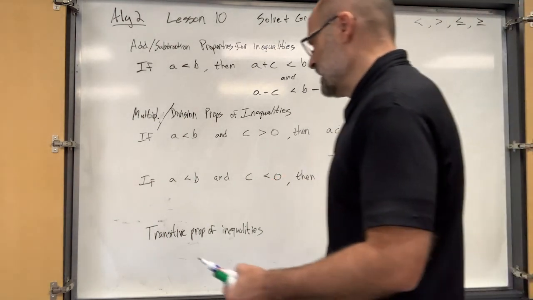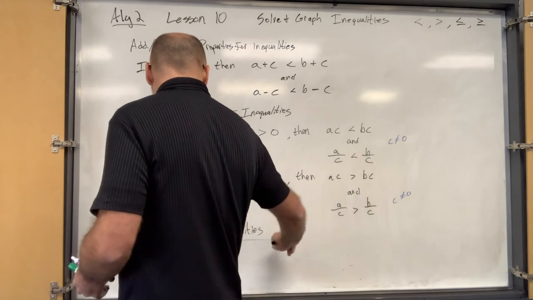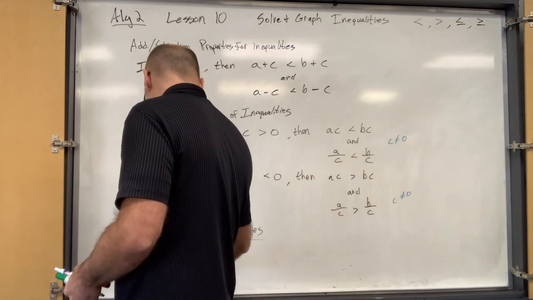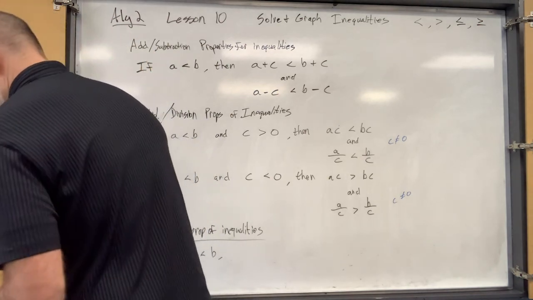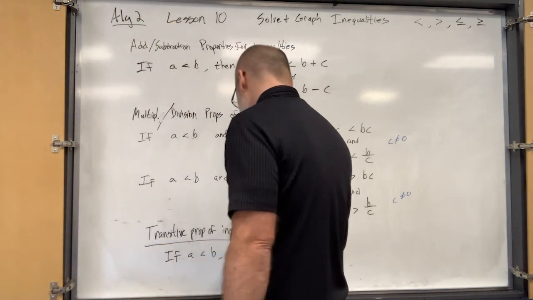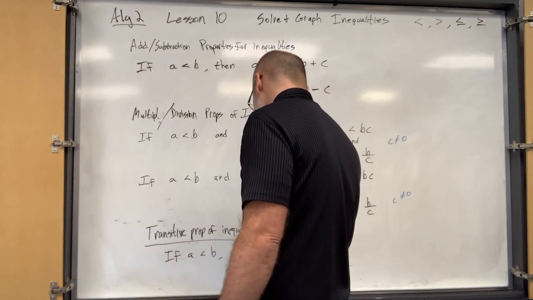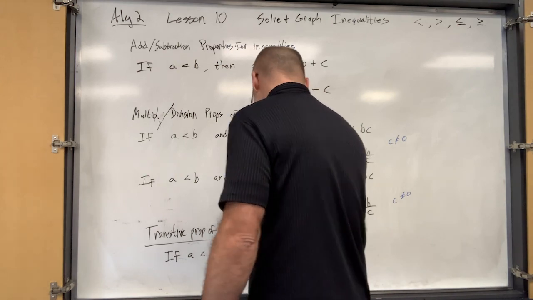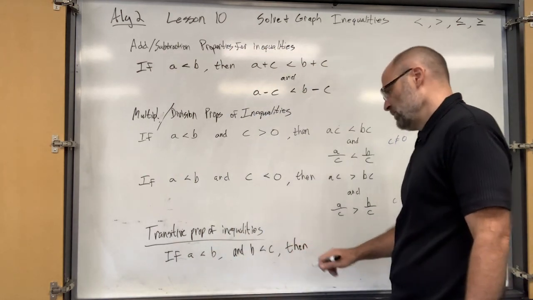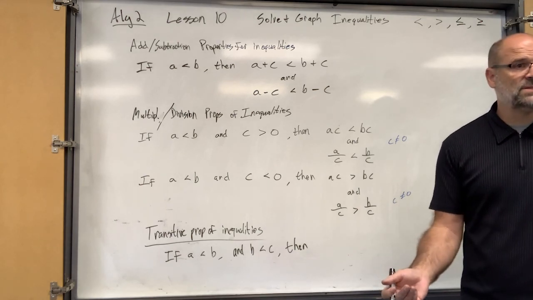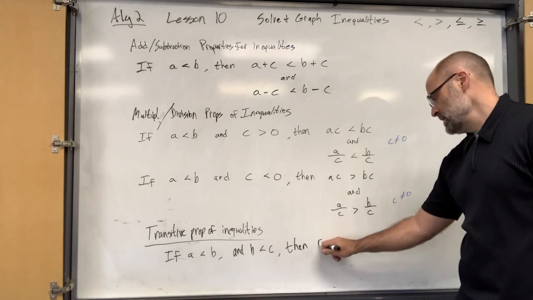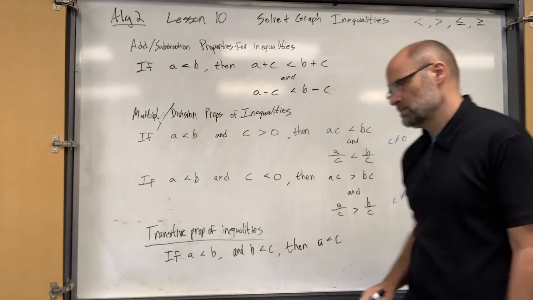Okay, well, it kind of translates similarly. If A is less than B and B is less than C, guess what? If A is less than B and B is less than C, then what can we say? Then A is less than C.